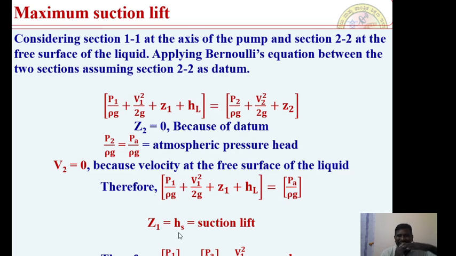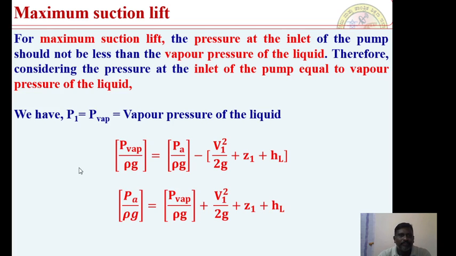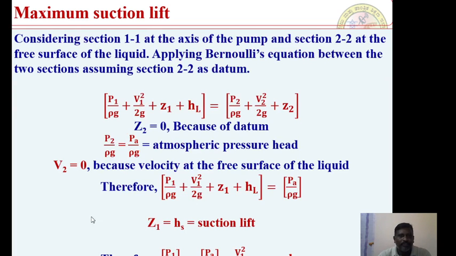That is the vertical distance from the center of the axis to the free surface of the water. This can be called the suction lift, or the suction head. Z1 is equal to Hs, that is, the suction lift. Therefore, the expression is P1 by rho g plus V1 square by 2g plus Z1 plus HL, which is equal to PA by rho g.